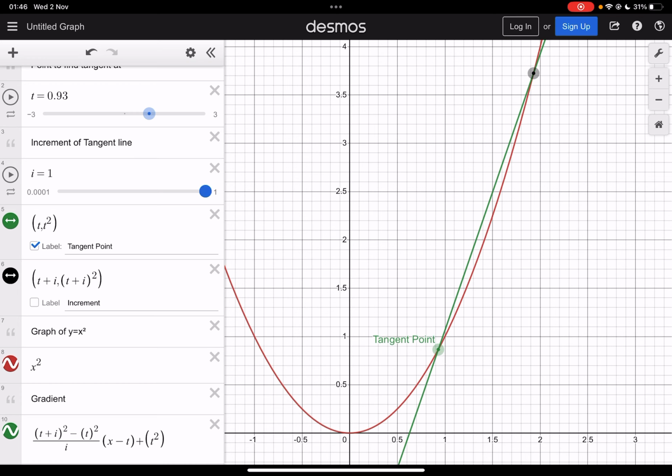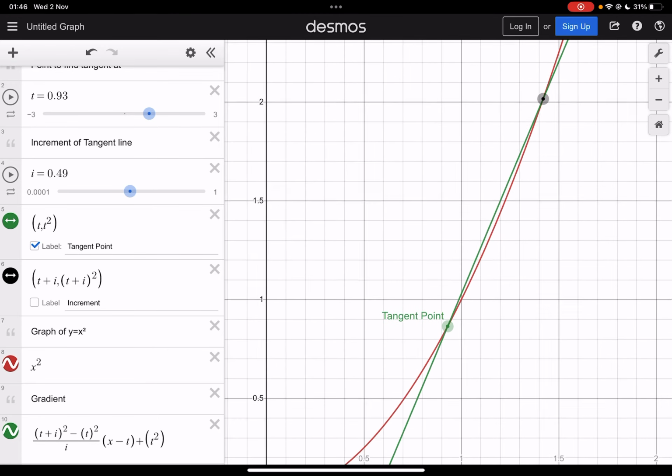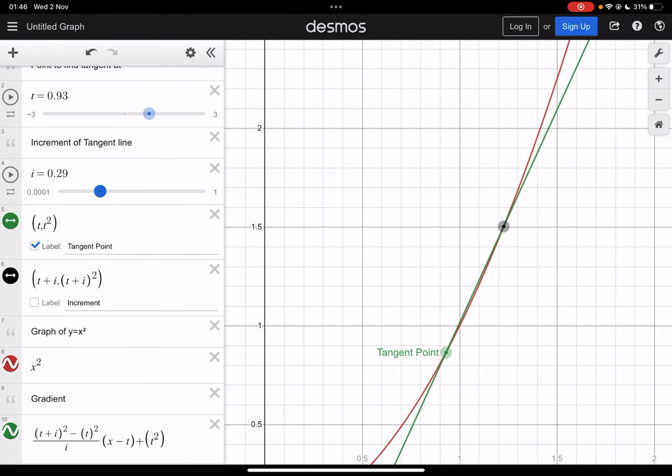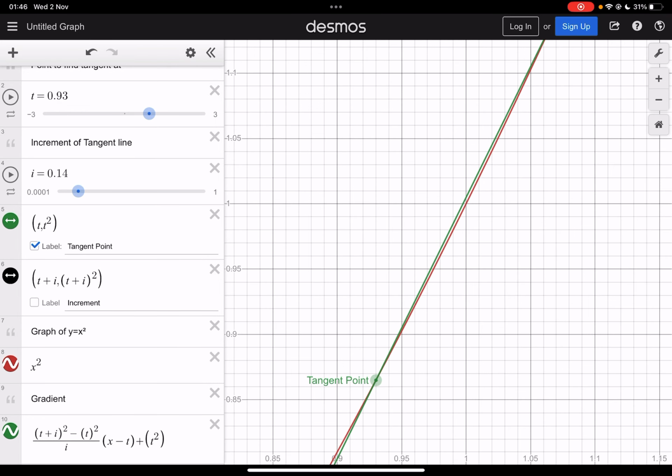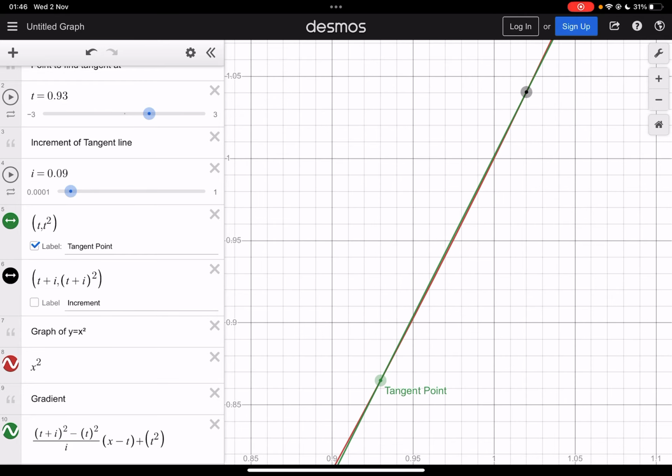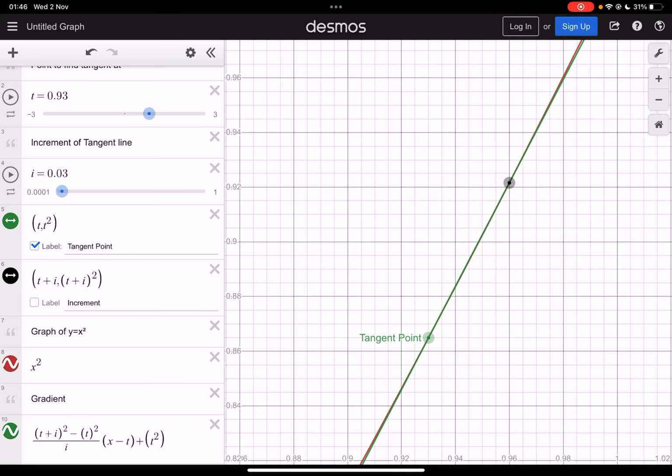But as you slowly zoom in, just like how you'd be zooming into the graph, the tangent will slowly approach the curve.